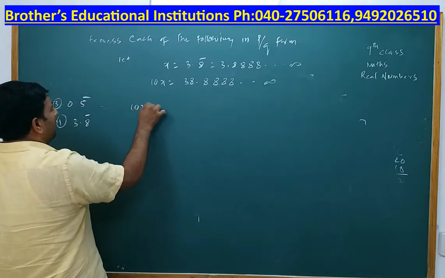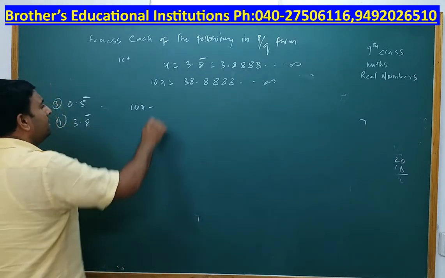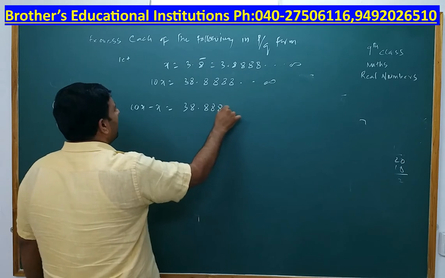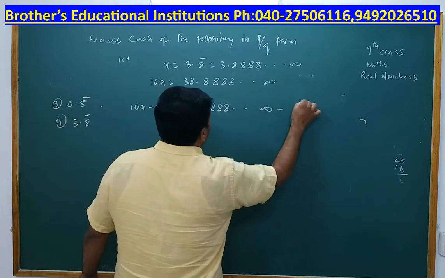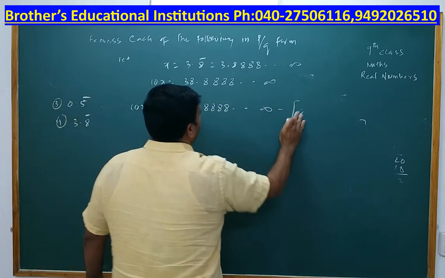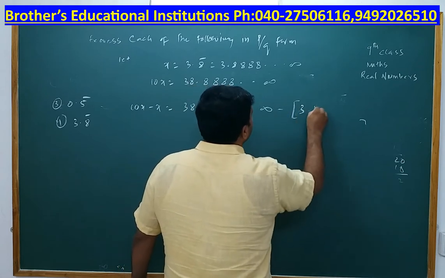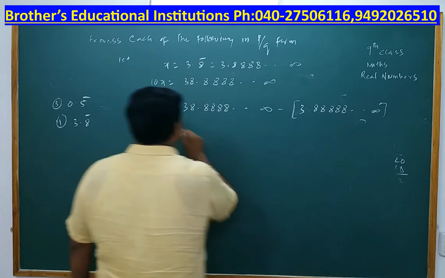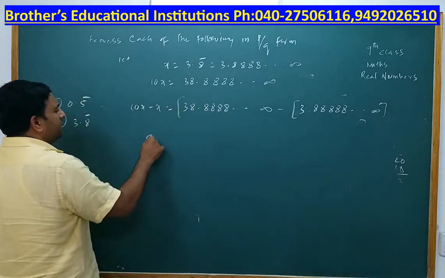Once again, I will consider 10x minus x. What is 10x minus x equal to? 38.888 till infinity minus 3.888 till infinity. Now what is 10x minus x? 9x.